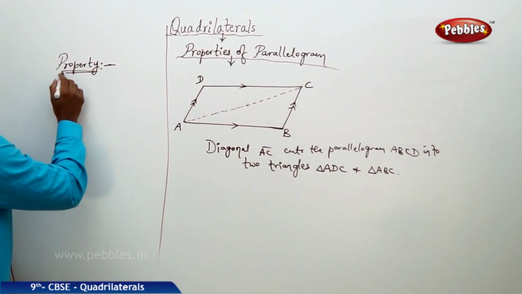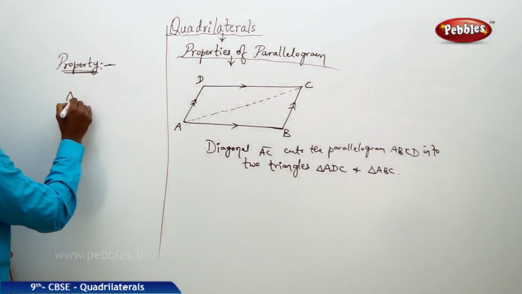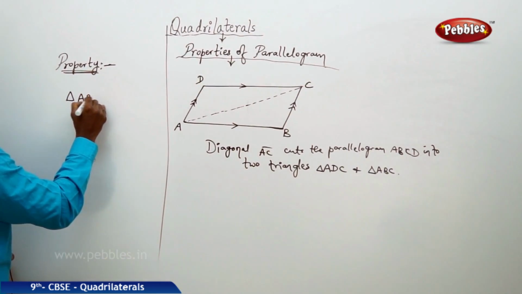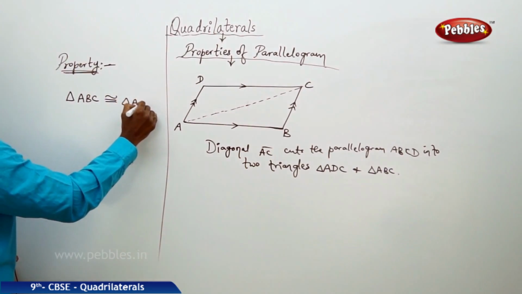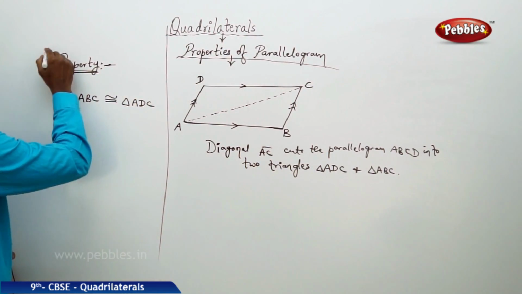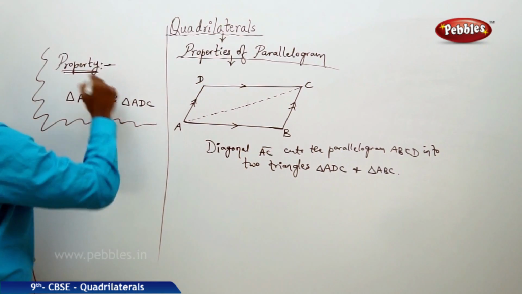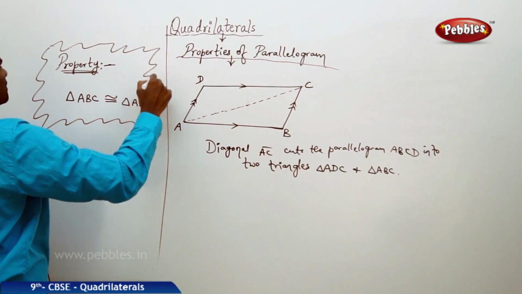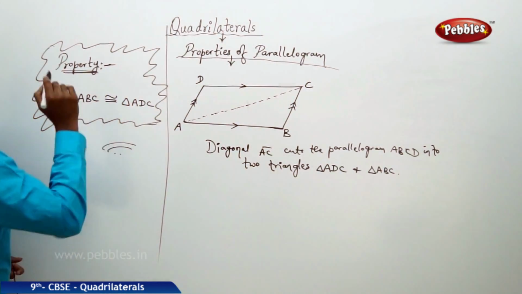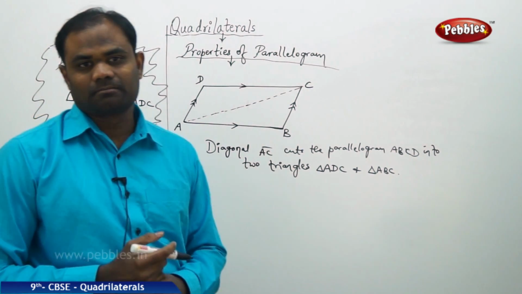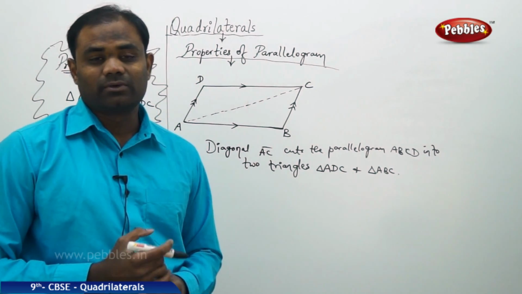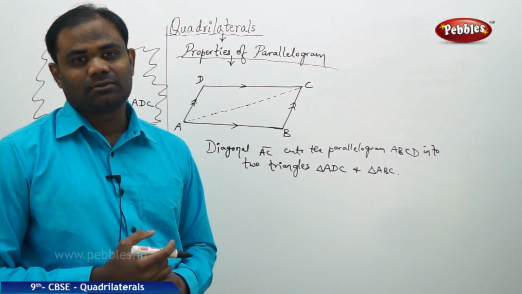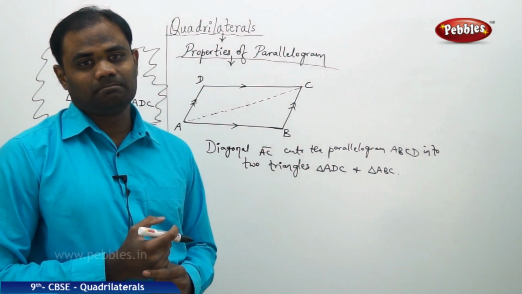That is, triangle ABC is congruent to triangle ADC. When two triangles are formed by the diagonal, they are always congruent in a parallelogram.